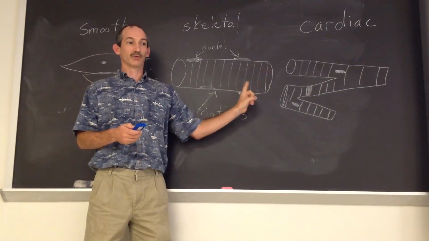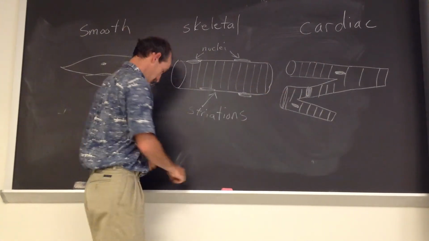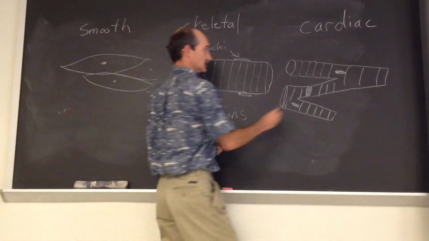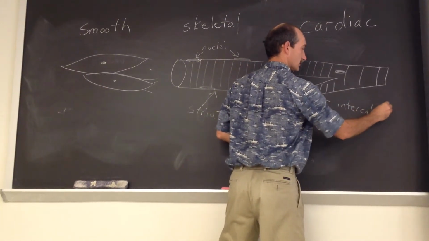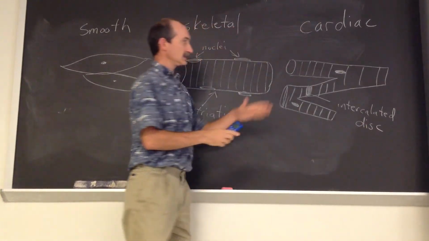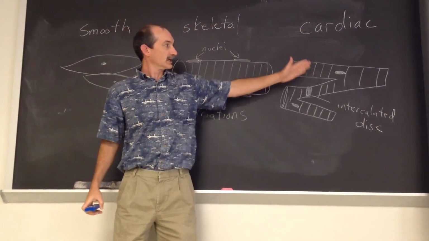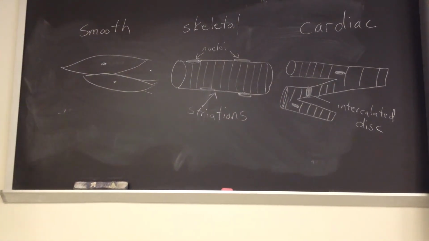These are the forked or branched cells. Got 2 cells here. They're joined by what is called a disc. I'm not sure if this is on our list of things to know or not, but it's a very obvious structure that joins 2 cells end to end. And again, they have striations, but usually are uninucleate, just a single nucleus.